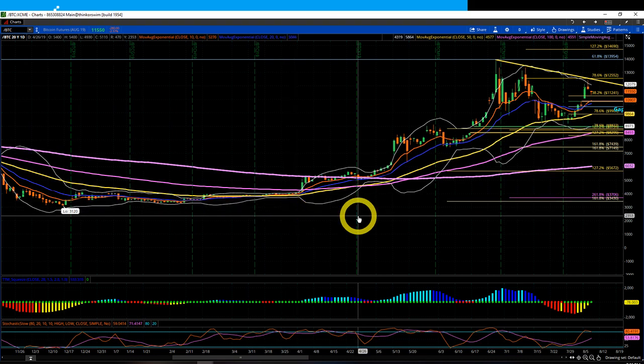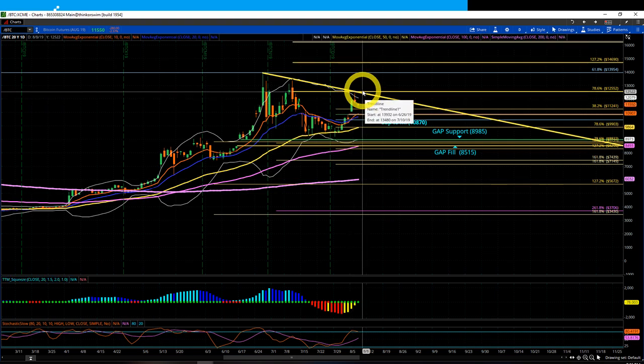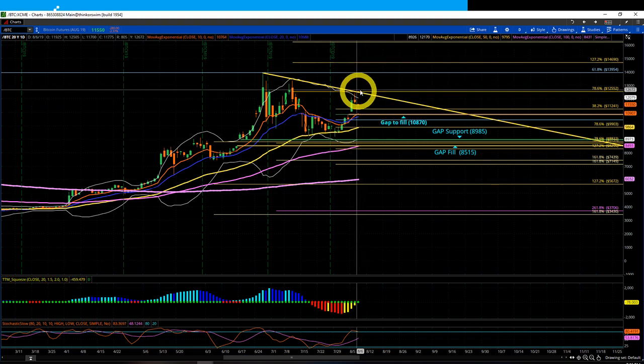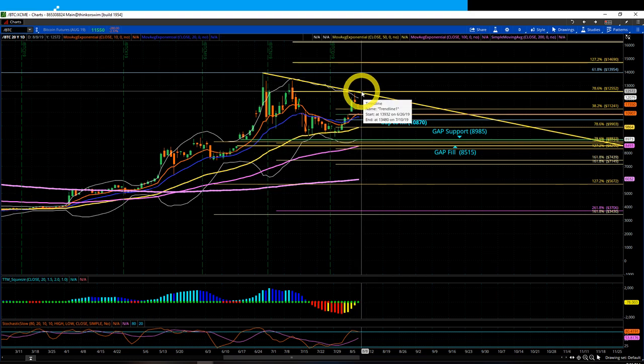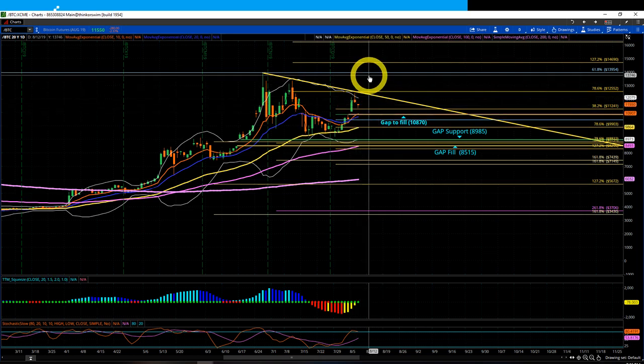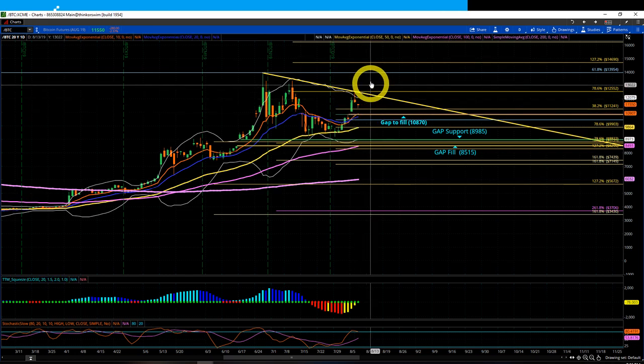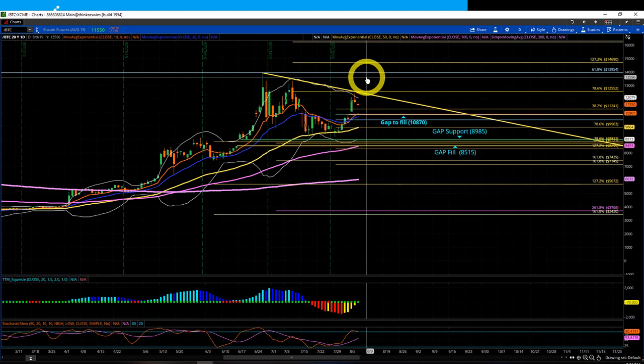Yes, exactly. You would want to see it close above that, right? You would want to see it close above that. And then technically what normally happens is when you get a trend line that breaks and it goes up, usually the herd gets in, right? Everybody wants to get in because it broke the trend line.